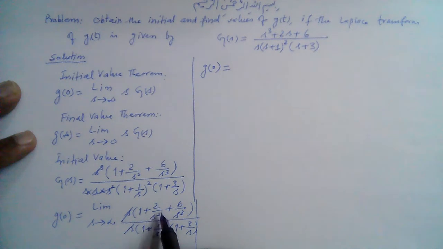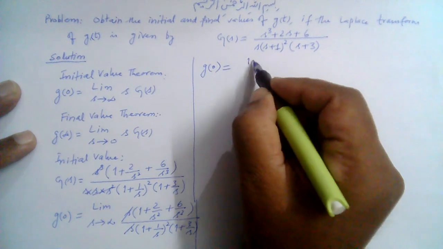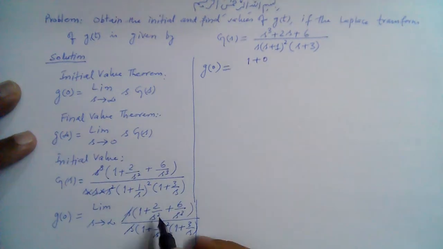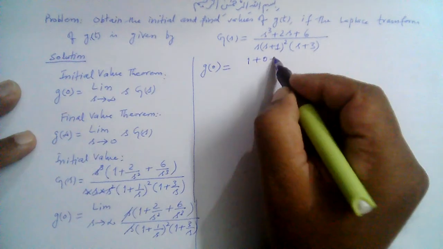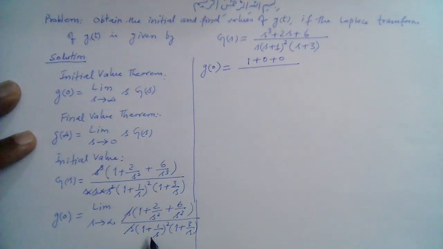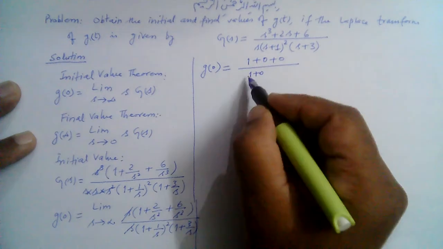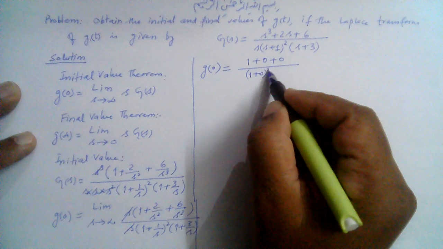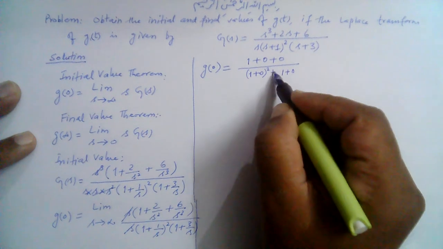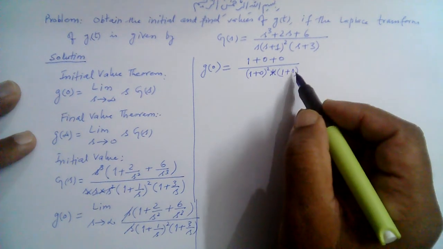So we now put s infinity. When we put s infinity here, 2 over infinity is 0, 6 over infinity is 0. Likewise, we'll get 1 plus 0 plus 0 in the numerator, and in the denominator we'll get (1 plus 0) squared multiplied into (1 plus 0), right?